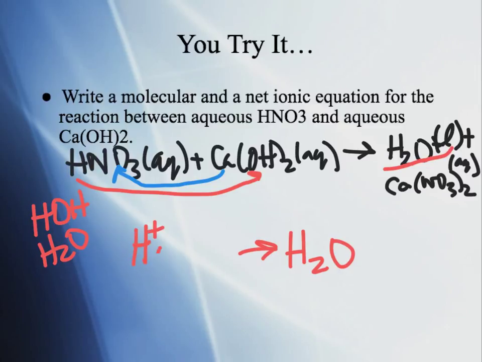Well, H+ and OH-. Bam, H2O. There's our net ionic equation. So if you can just identify the solid or pure liquid on the right-hand side and break it apart into ions on the left-hand side, you've got the net ionic equation without going through the hassle of doing the complete ionic equation. However, if the complete ionic equation step helps, please do that, whatever makes the most sense to you.